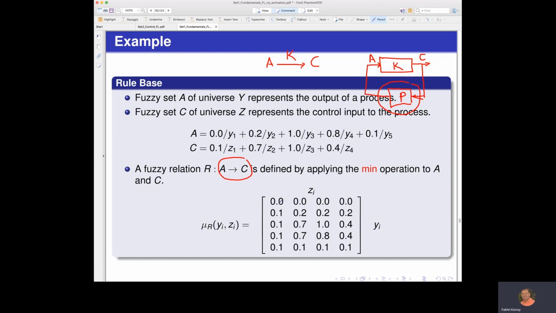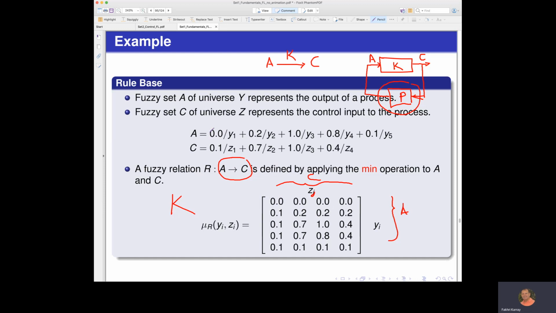So we create this particular matrix where Yi is representative of A, and Zj is the representation of C. We would like to see all the types of relations that are between the input, or the antecedent A, and the output of the engine K. So this is for this particular engine K.